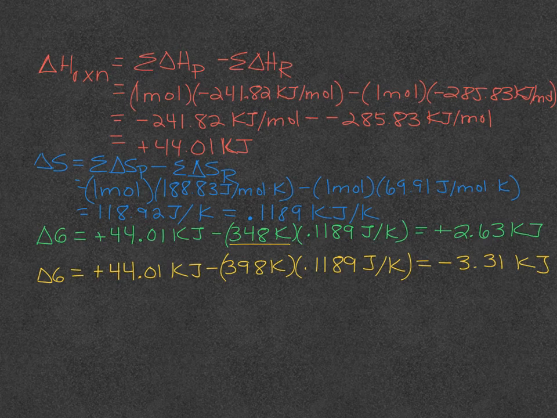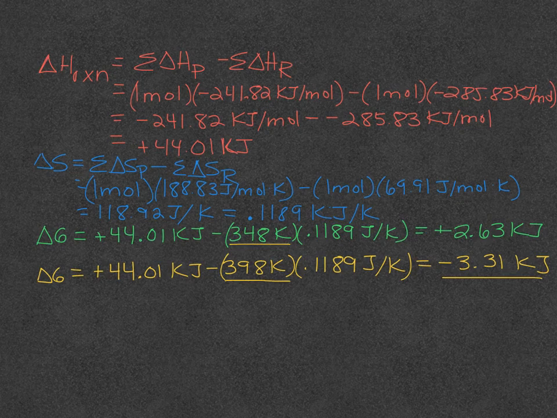However, when we calculate that same delta G, but this time at 125 degrees Celsius or 398 Kelvin, then we get a negative value, negative 3.31 kilojoules, indicating that the reaction would occur spontaneously, which will make sense because at 125 degrees Celsius, water would spontaneously turn into the gas phase.